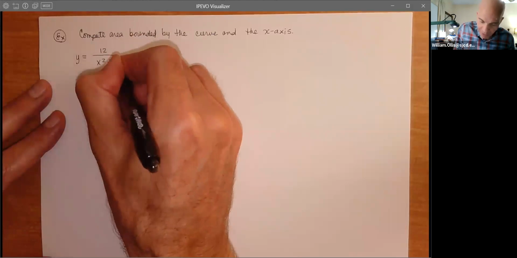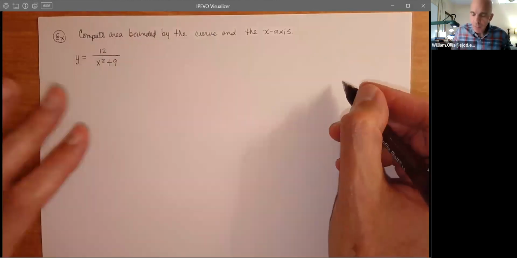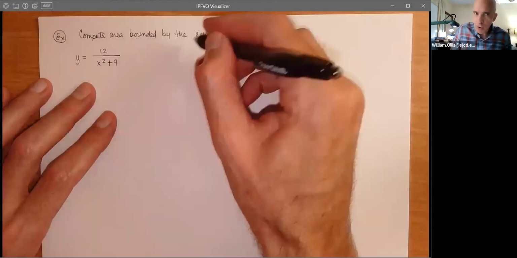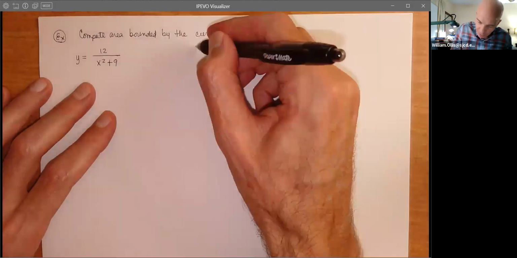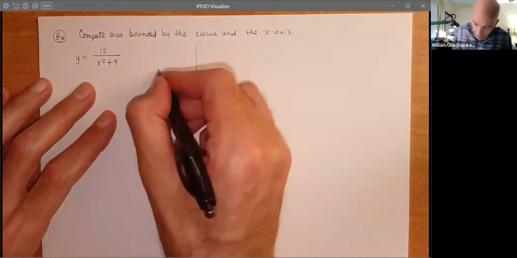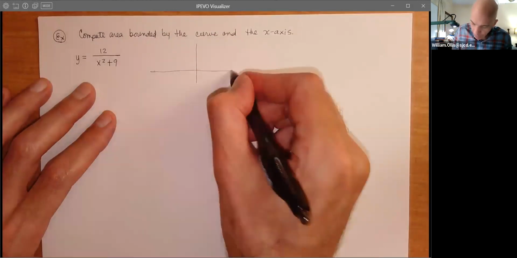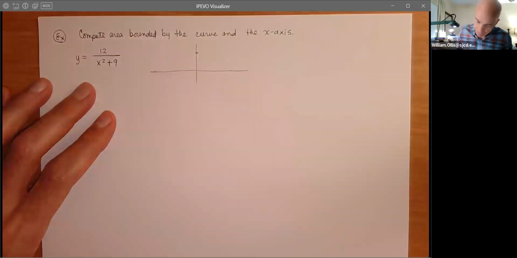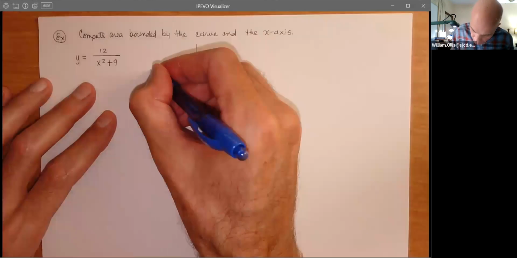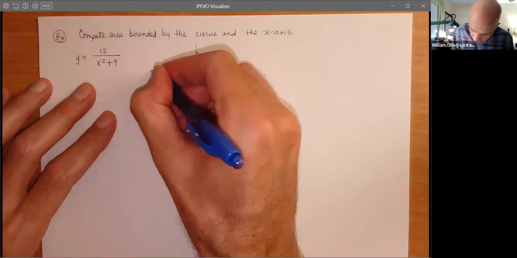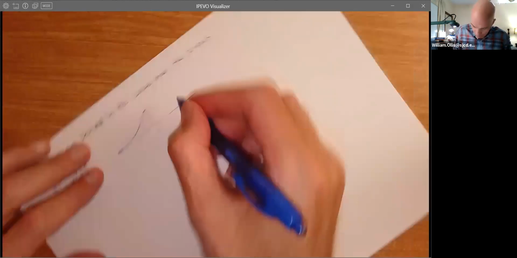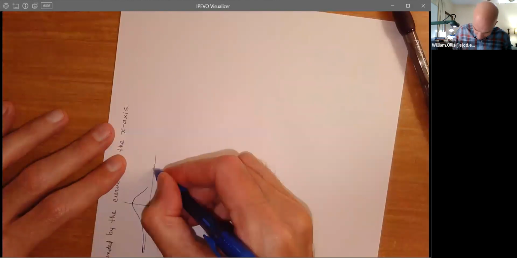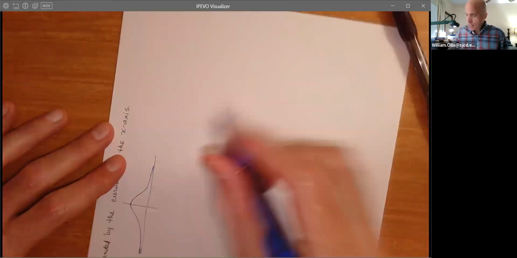And you're thinking, well, that's back to the arctangent deal. Well, the thing is that this is a nice even function. And if you just thought about a picture of it, you know it looks like a bell curve. Again, you don't have to have a picture so much, but we've got 12 over 9 right here. So we have something like this.